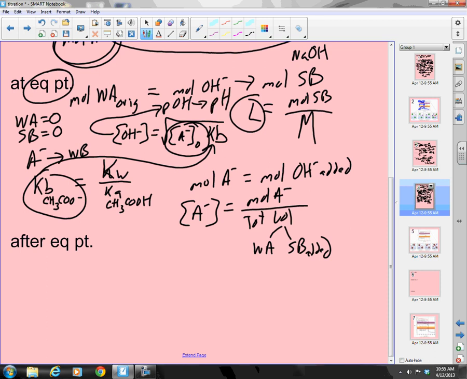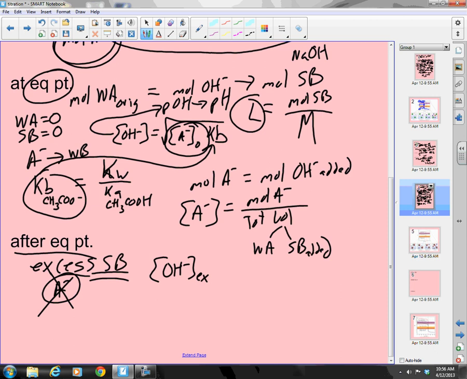Whew. Okay, after the equivalence point, what do we have? We have two things really. We have excess strong base, and we have conjugate base. But this guy overwhelms this guy, so we ignore him. All we have to do is figure out the concentration of hydroxide excess. So where do we start with that?